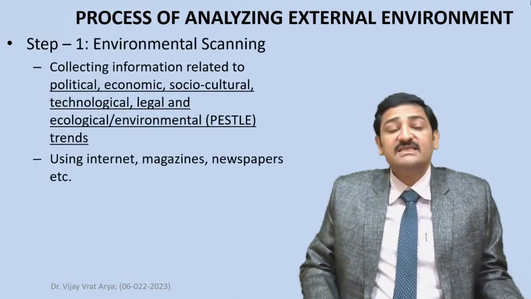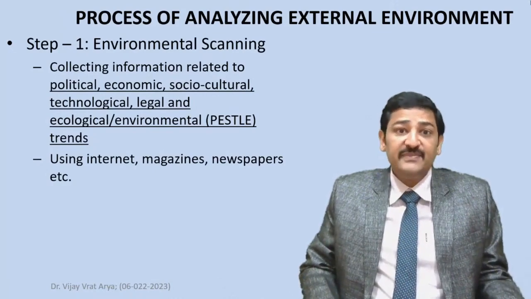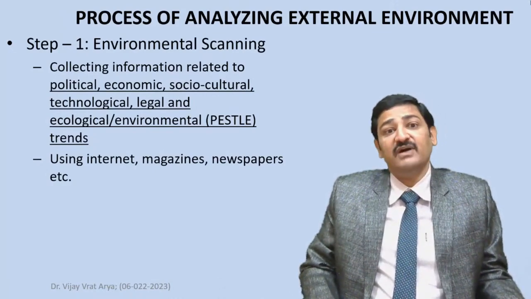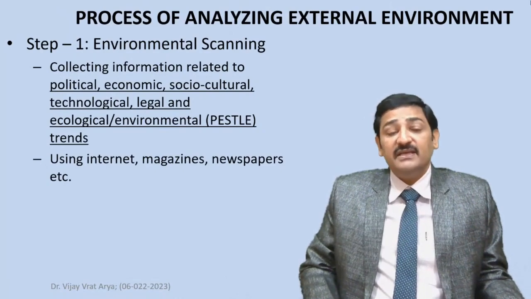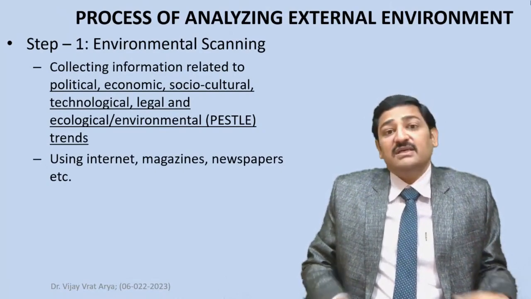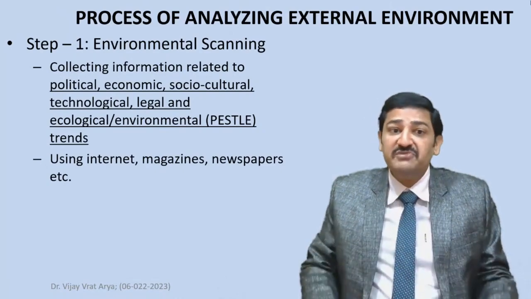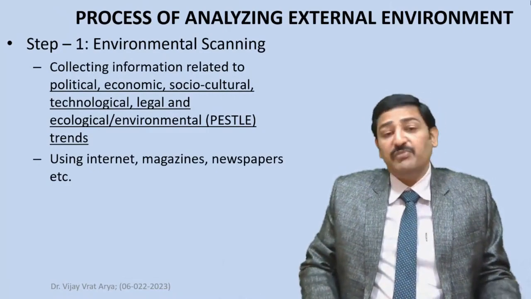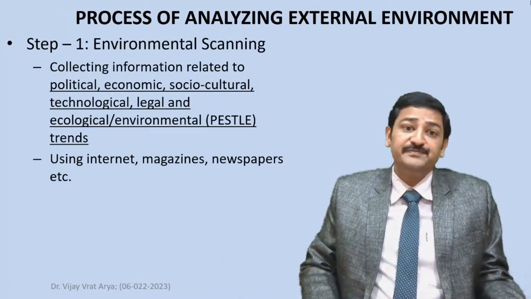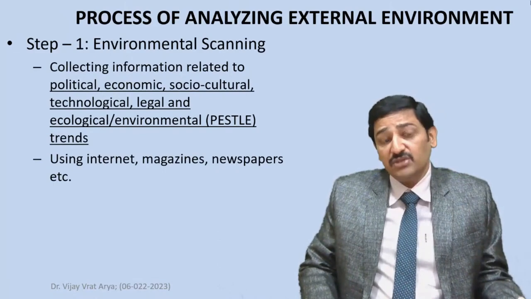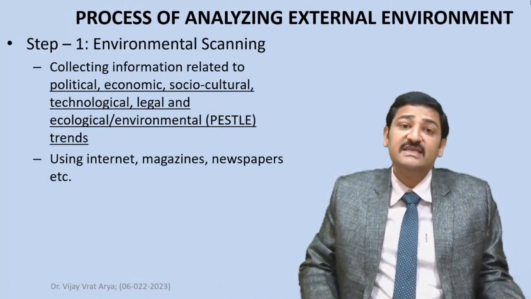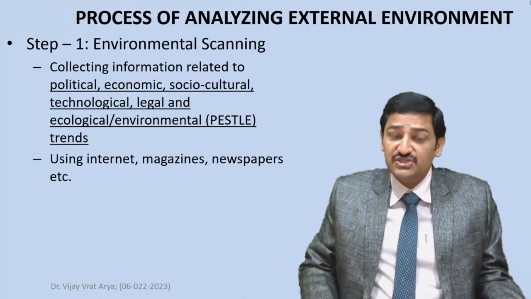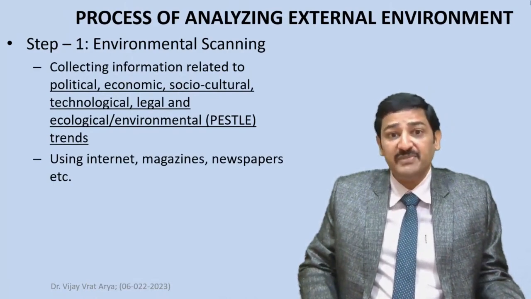So we will be referring to each of these steps. In the first step, environmental scanning, the manager tries to collect information related to the political, socio-cultural, economic, technological, legal, and ecological changes which are taking place in the environment.